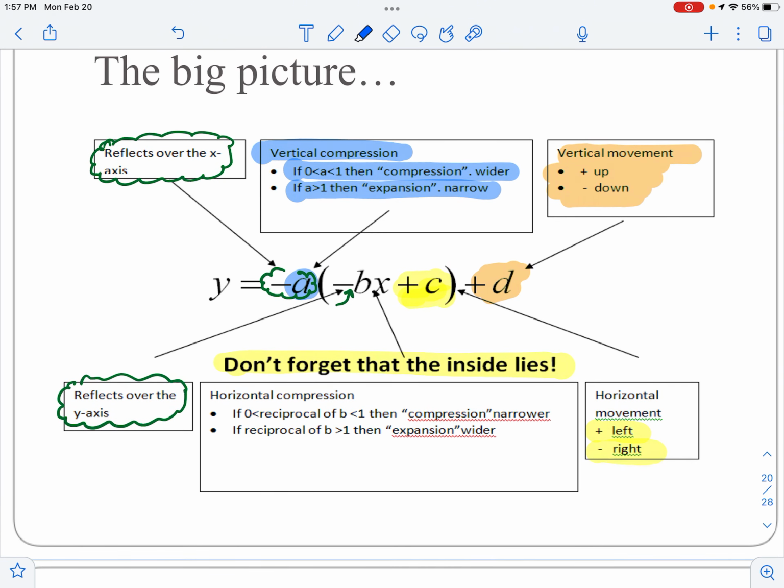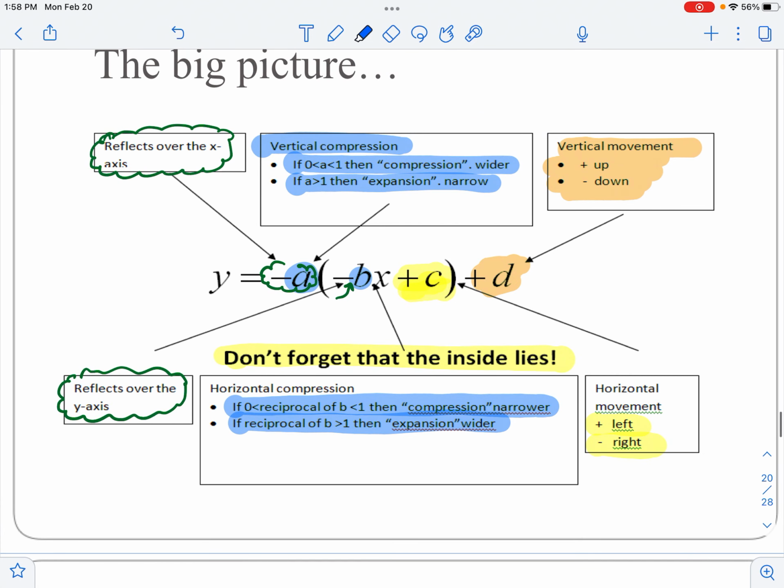Same thing here for our horizontal compression. Inside, if b is less than 1, in between 0 and 1, then we have a narrower compression, and if the reciprocal of b is greater than 1, then we have an expansion of the graph, or that it's wider.